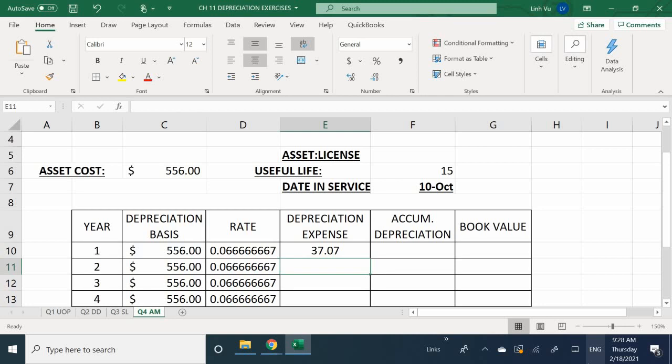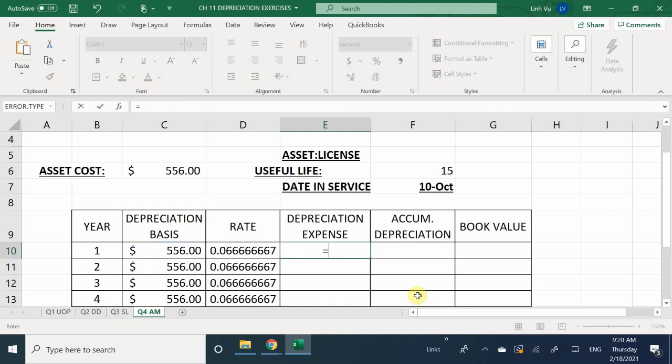But yes, you got the idea. That's right. So if we can only depreciate it for 3 months, what is going to be my new depreciation expense? October, November, December is only 3 months.